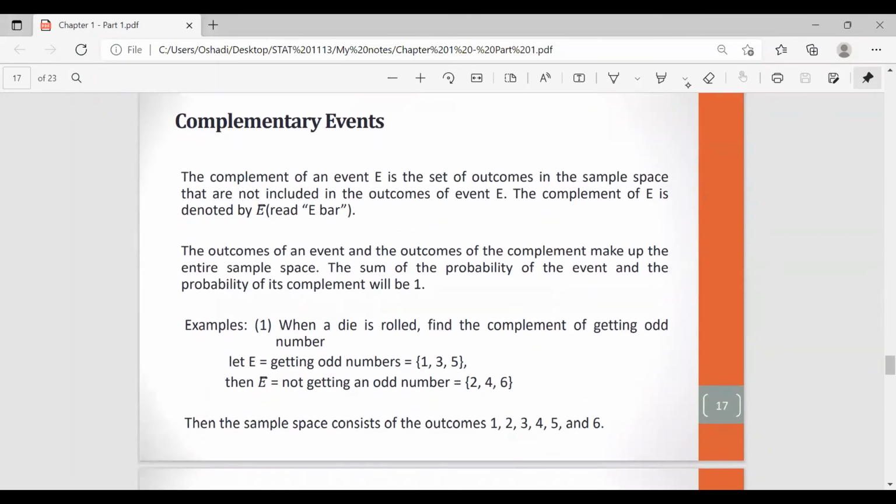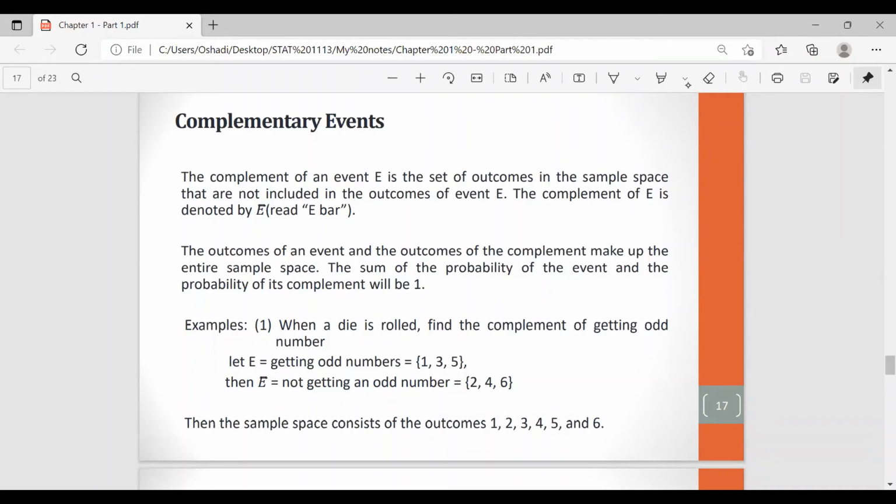Okay. Another important concept is complementary events. These things you have learned in your A levels. I'm recalling them, right? The complement of an event E is the set of outcomes in the sample space that are not included in the outcomes of event E. The complement of E is denoted by E bar, right?